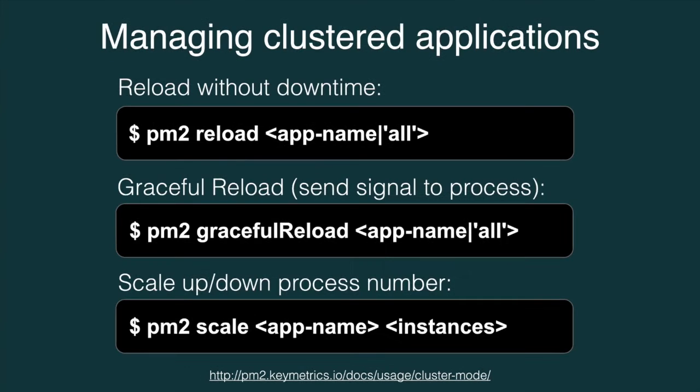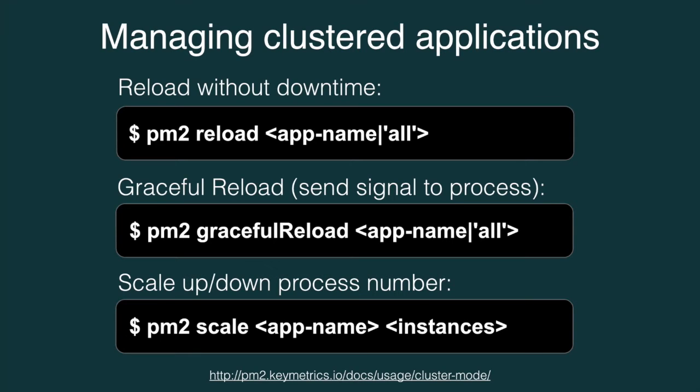After, as PM2 is written in Node.js, we are tightly linked to Node.js, so we can offer more advanced features. For example, the cluster feature, and also for managing your application, we offer reload without downtime. So you do PM2 reload the name of your application.